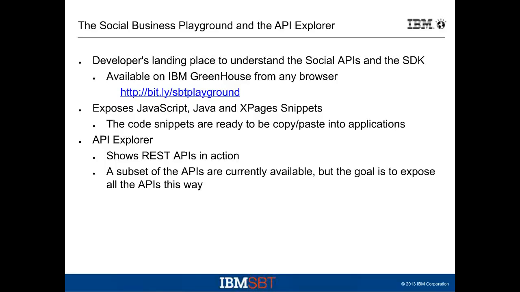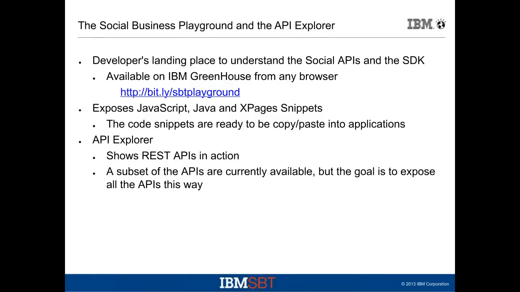And you'll see more in the future. And these samples are ready to be copy-pasted into your application. Also, there is the API Explorer. So this is an ongoing effort that we are building, and the API Explorer really shows the REST APIs. So it allows you to experiment with the REST API using a kind of an easy user interface.